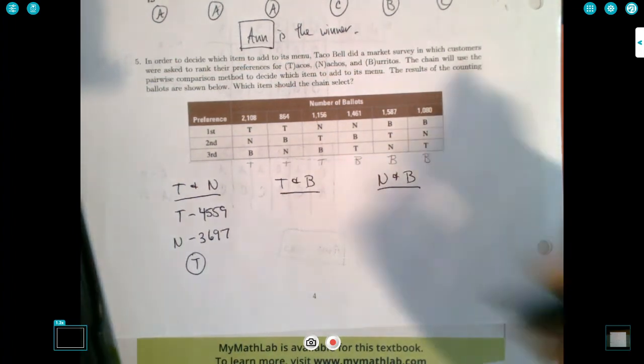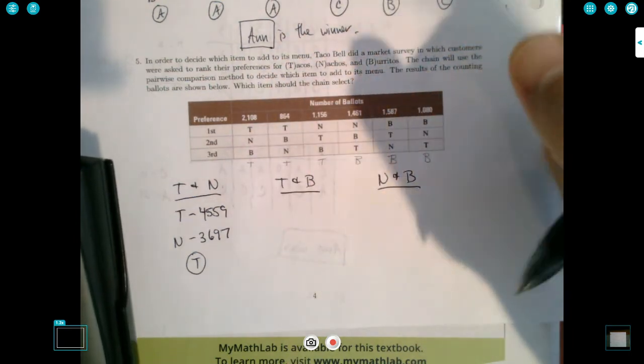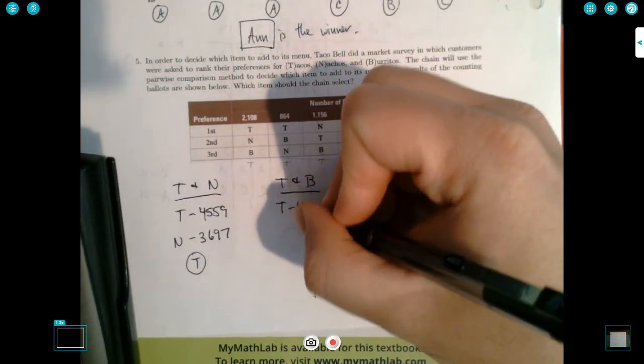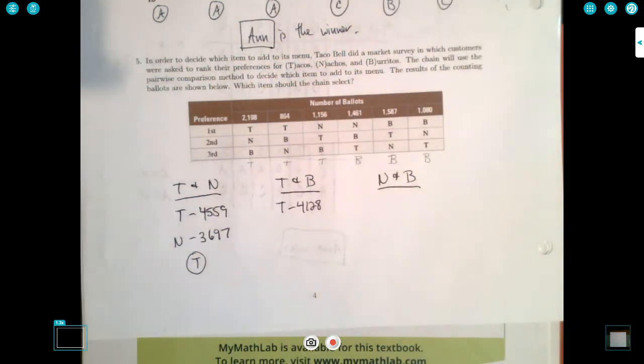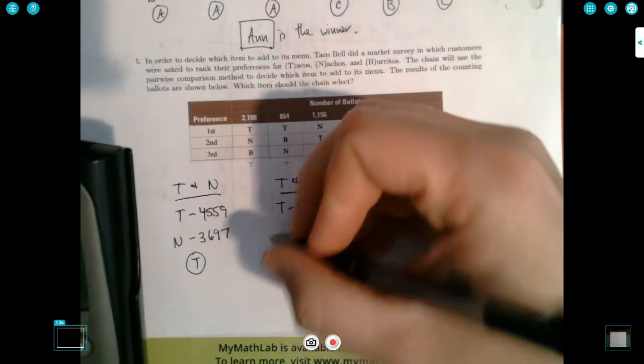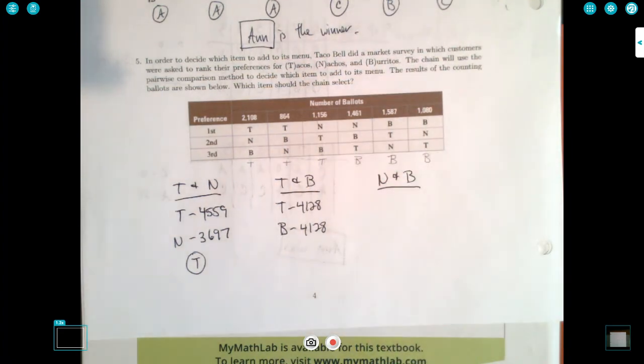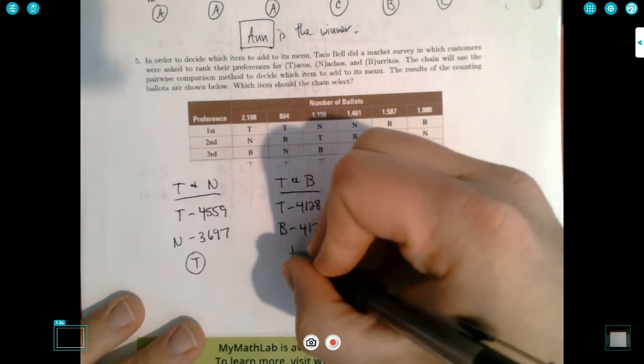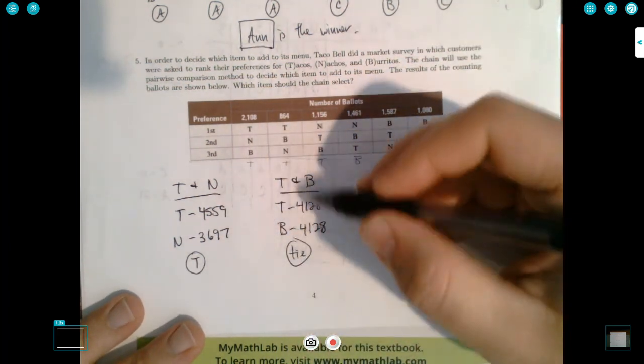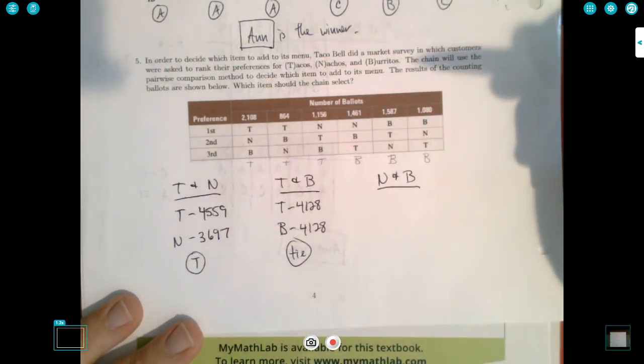And that comes out to 4,128. What about burritos? They would get 1,461 plus 1,587 plus 1,080. And that comes out, wouldn't you know it, to 4,128. Okay, so who wins in that head-to-head race? Well, neither of them. It's a tie, right? So they'll each get half a point.